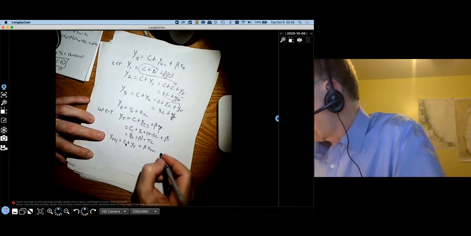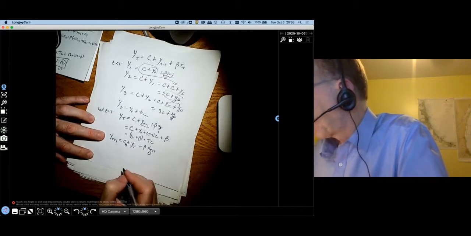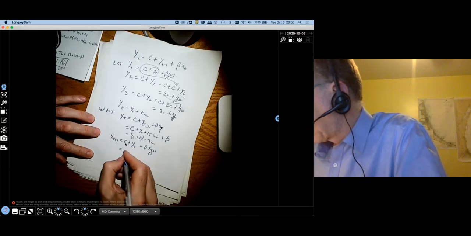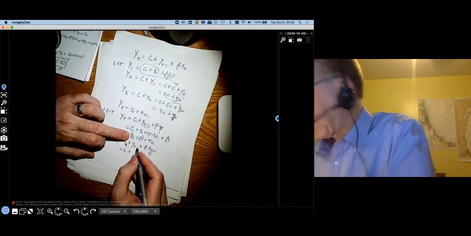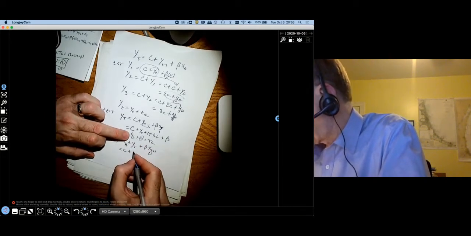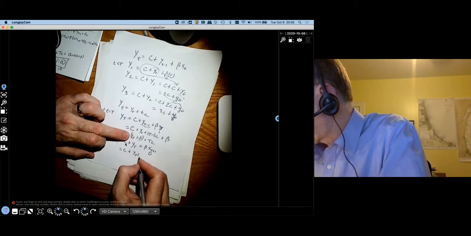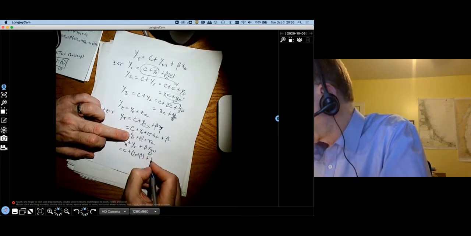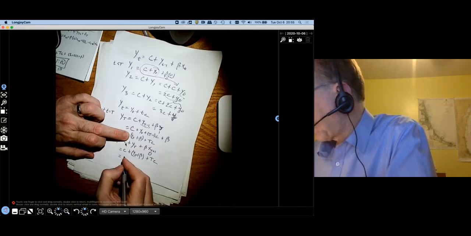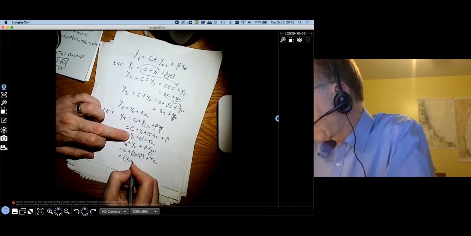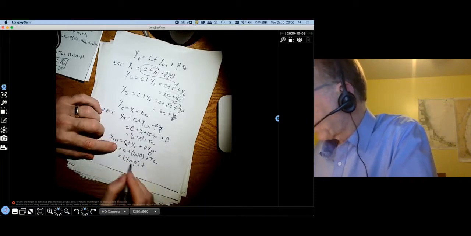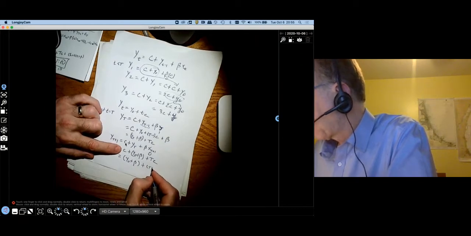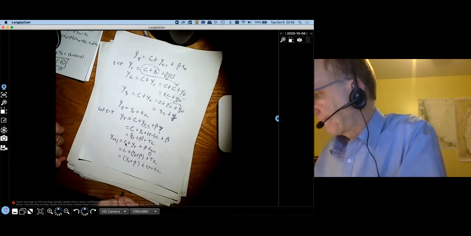In the case of pulse, this is 0, so that whole term goes away. This will be y plus, well, whatever I had up here, y naught plus beta plus tc. So I have an intercept of y naught plus beta plus, okay, now I have t plus 1 times c.